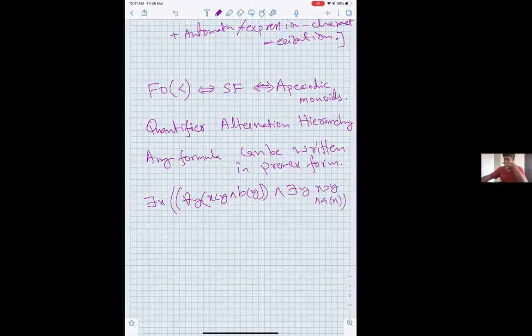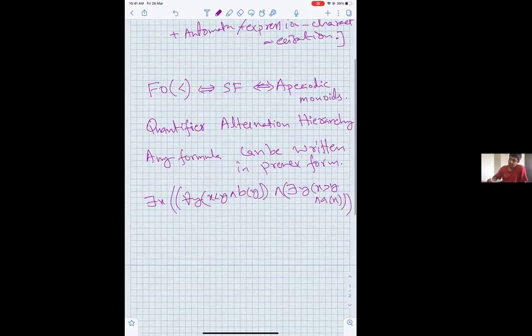Imagine I have such a formula. I'm bracketing it fully so that you understand. So I have there exists x, then for all y, then another there exists y, and so on. So how do I make it into prenex form?